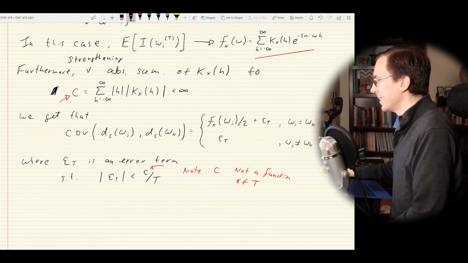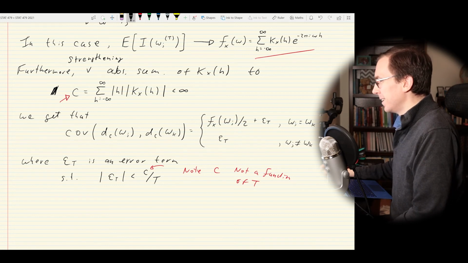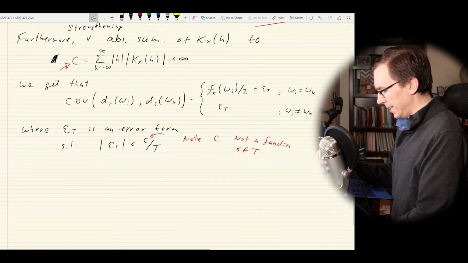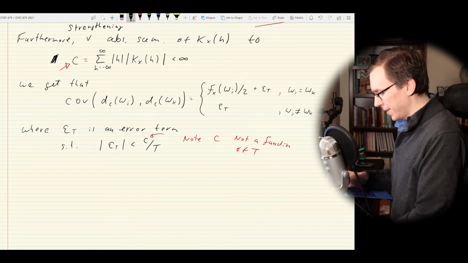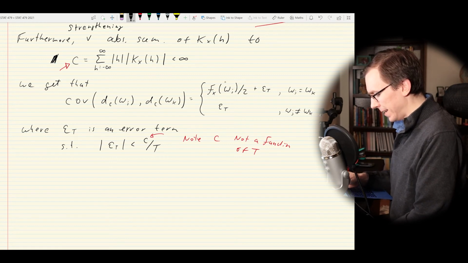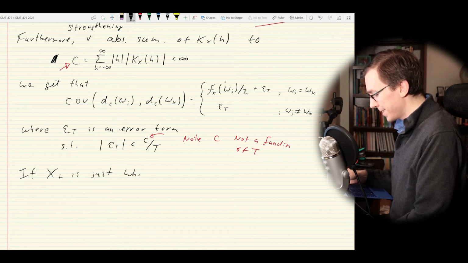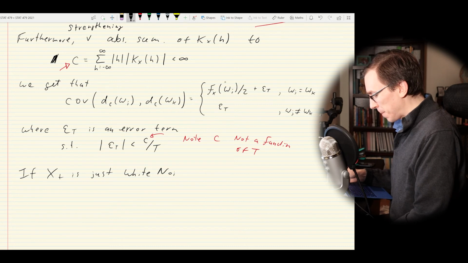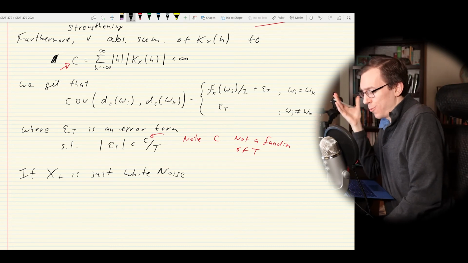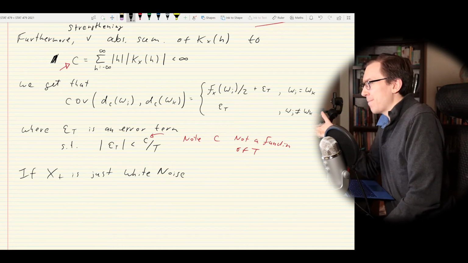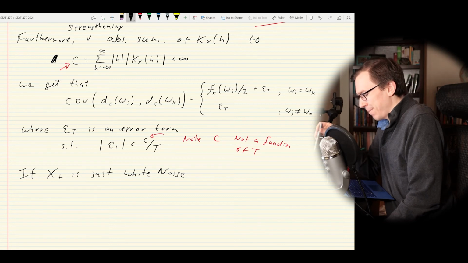So what does that mean? Furthermore, if xt is just white noise, well, what happens if it's just white noise? In this case, the spectral density is constant.